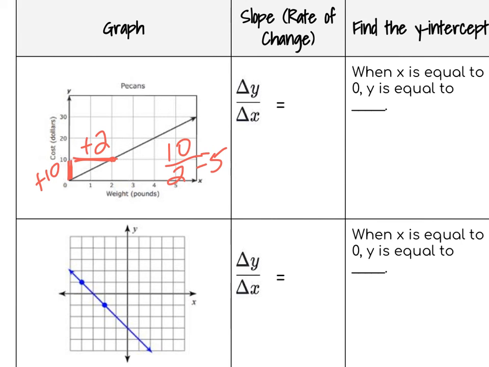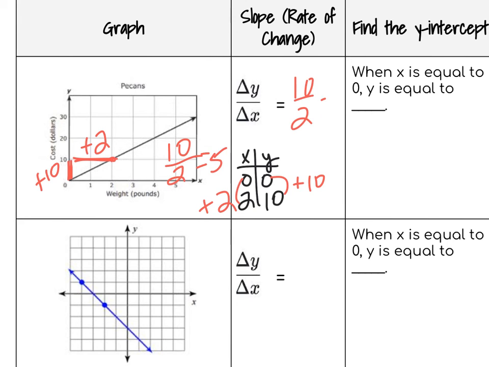My other option is to make a table, x, y, and I'm going to pick the points 0, 0, and 2, 10. Okay, and again, I see that my y is increasing by 10, while my x is increasing by 2, 10 over 2, which is 5. Okay, and then I see when x is equal to 0, y is also 0, because this is a proportional graph.